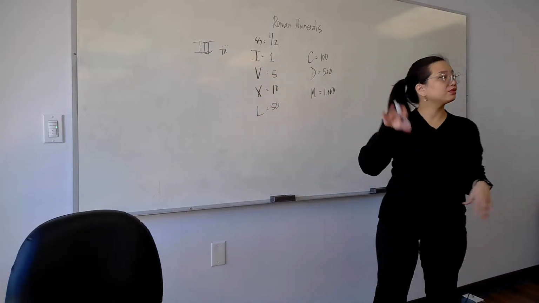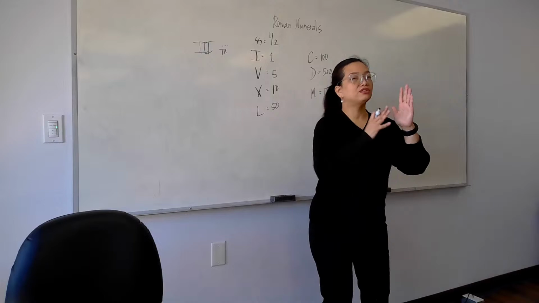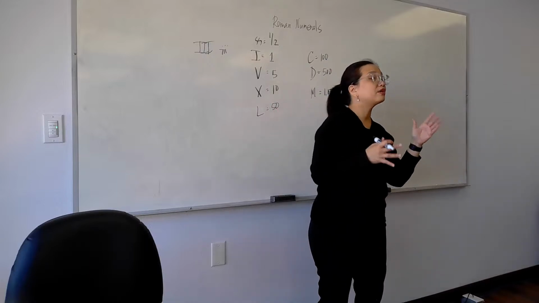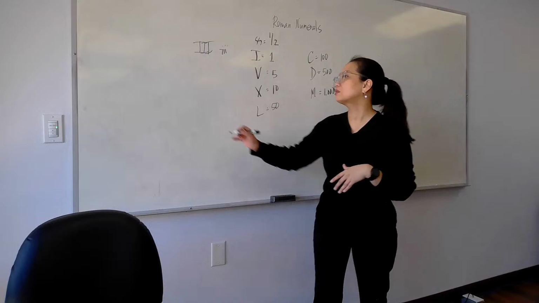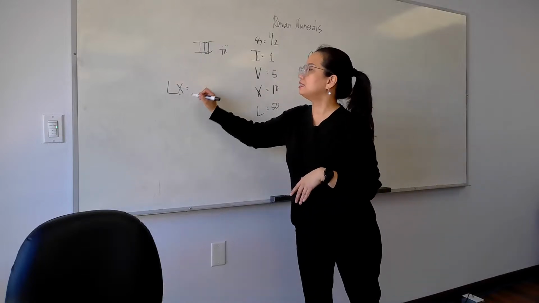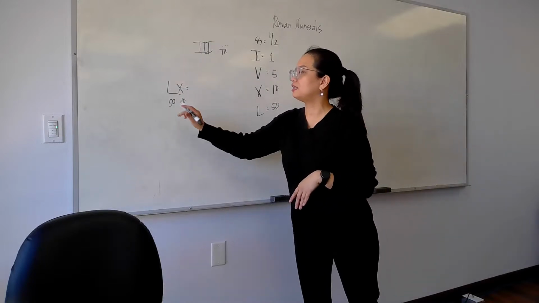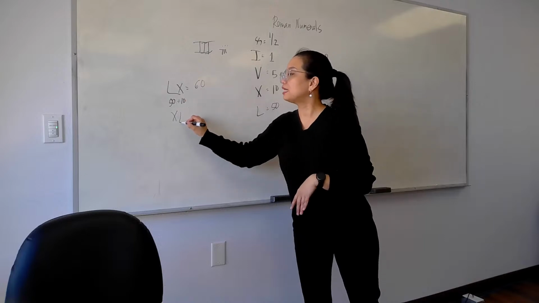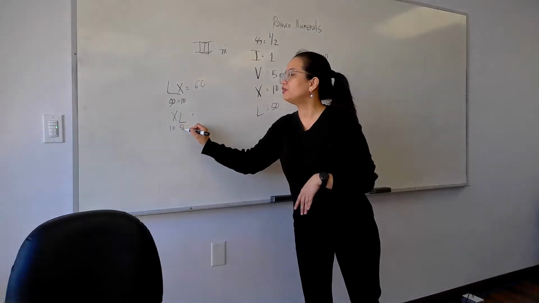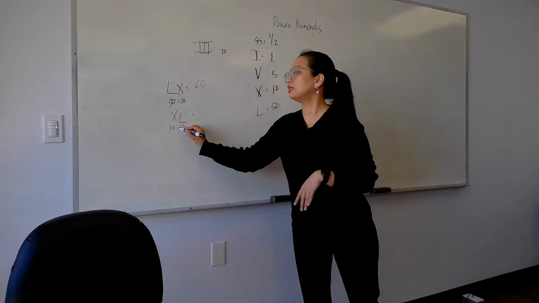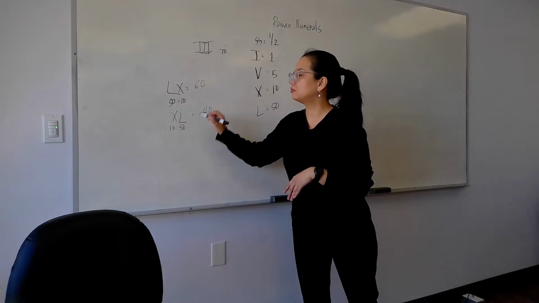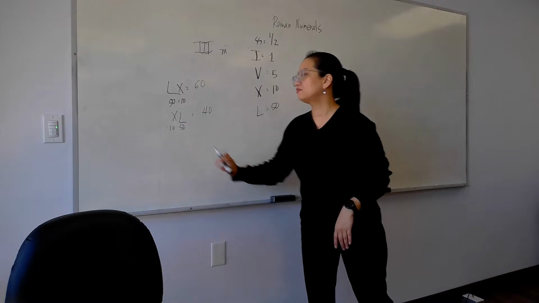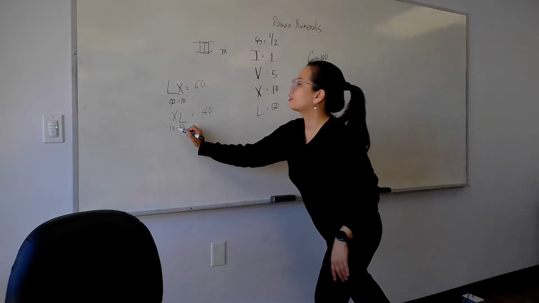And then the rules, if it's highest to lowest, we add. If a lower value Roman numeral is higher, we subtract, right? What am I talking about? LX is 50 and 10. Highest to lowest, this becomes 60. When it becomes XL, this is 10 and 50. This carries a negative sign, so it becomes 40.